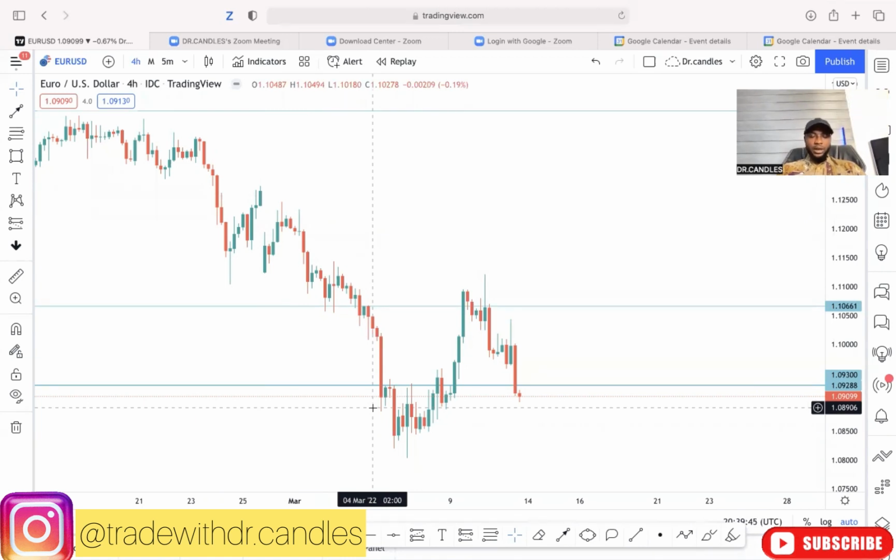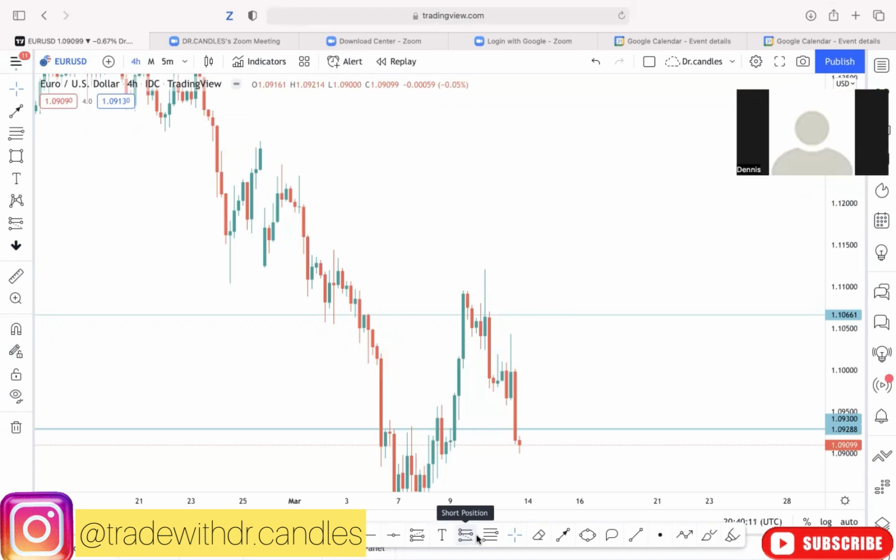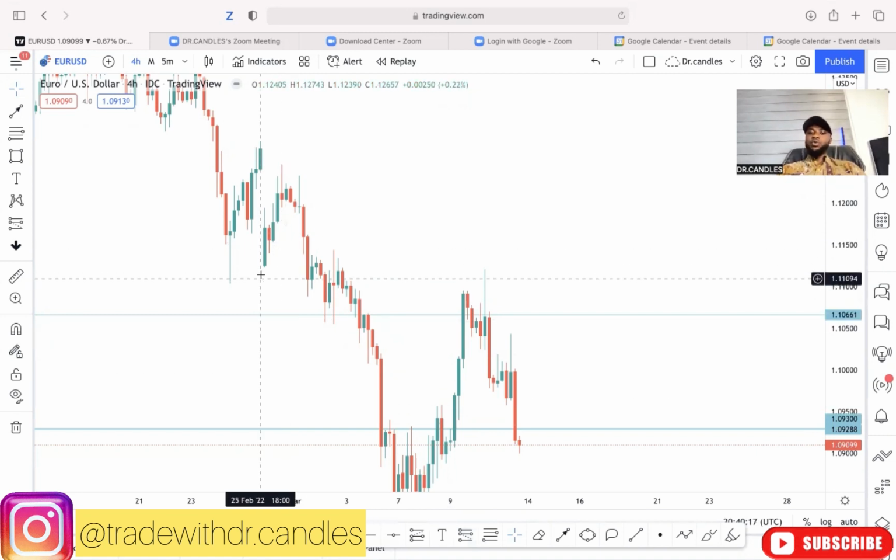Take note of it. Once you know it, you have it at the back of your mind that anytime a gap is created, usually the market tries to close it. So when the market is going back to close that gap, as a forex trader who has this idea, what do you do? You either buy or sell just to close it.